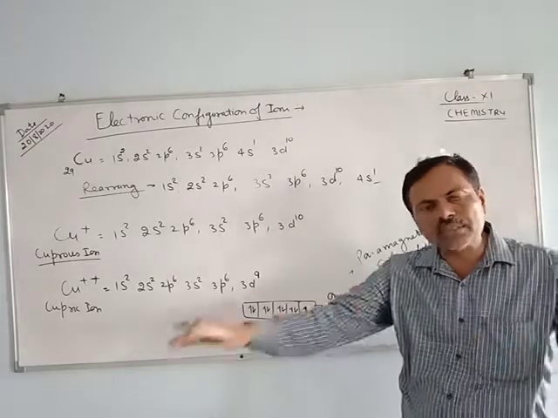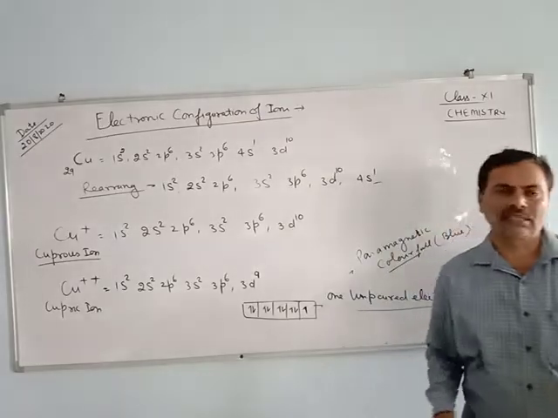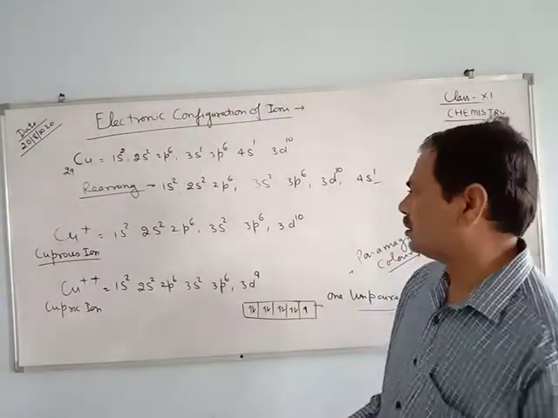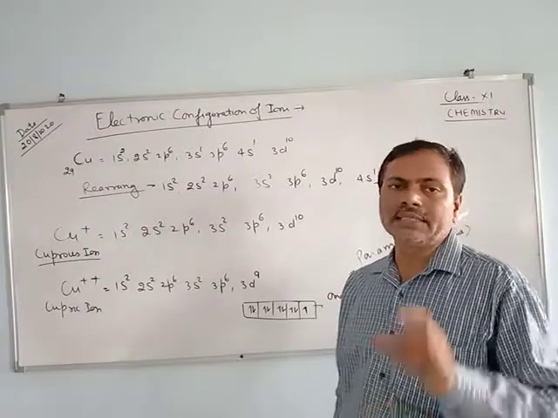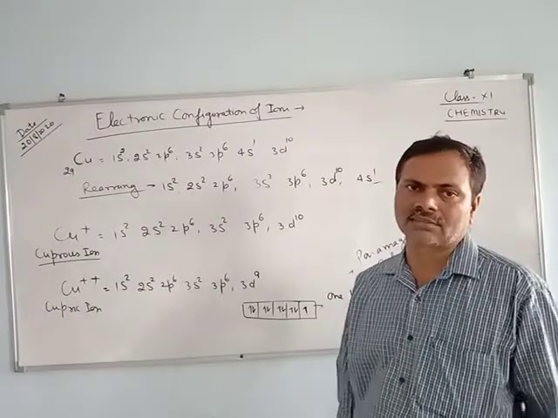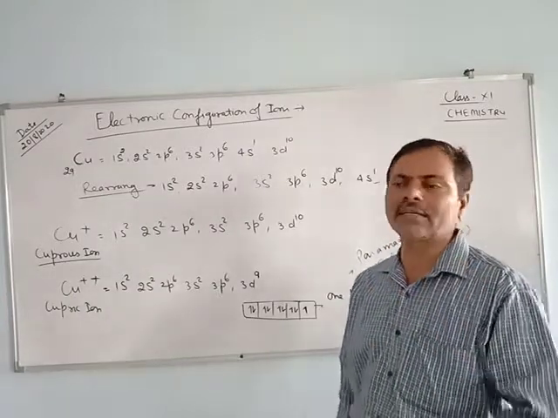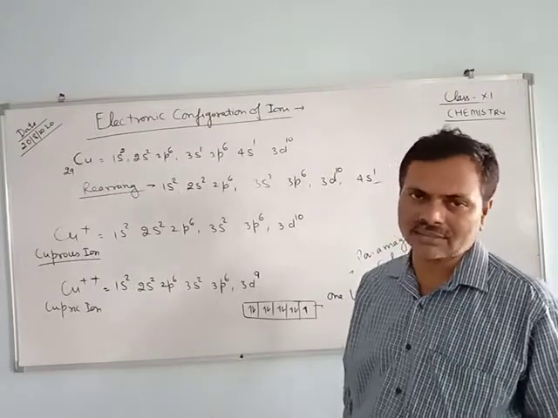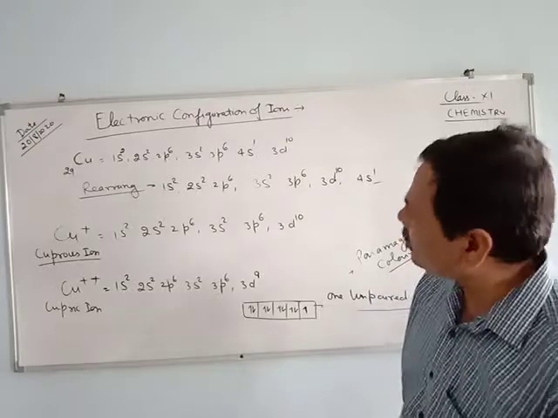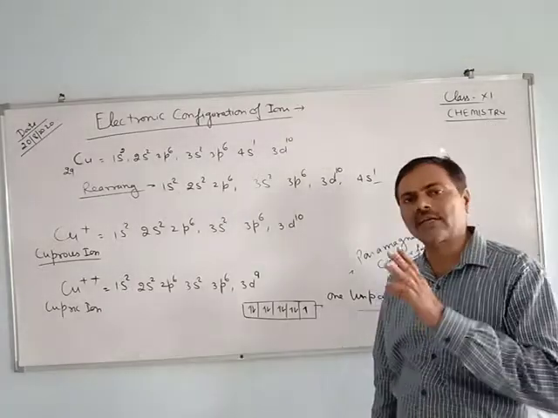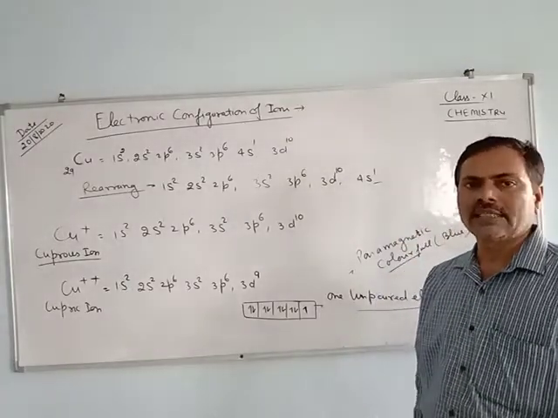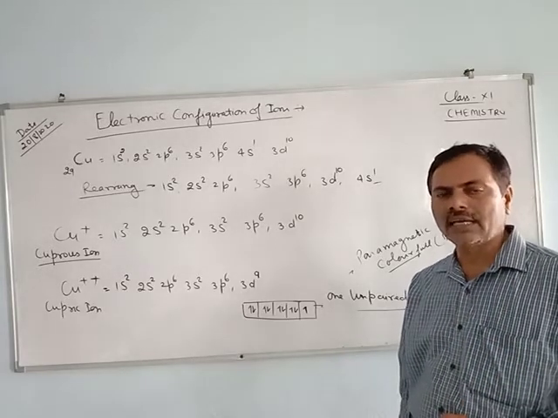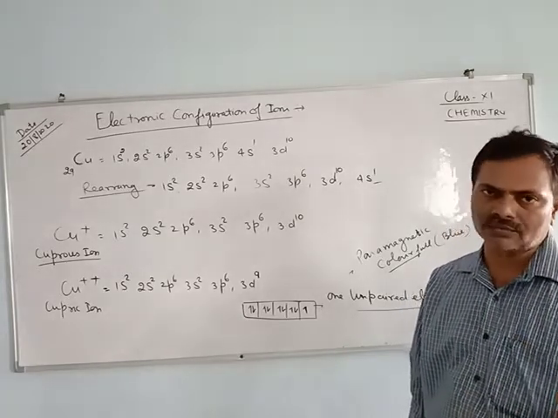If all the orbitals are completely filled, it will be diamagnetic, which cannot be magnetized, and colorless. But if the d orbital has unpaired electrons, its nature will be paramagnetic and it has color.